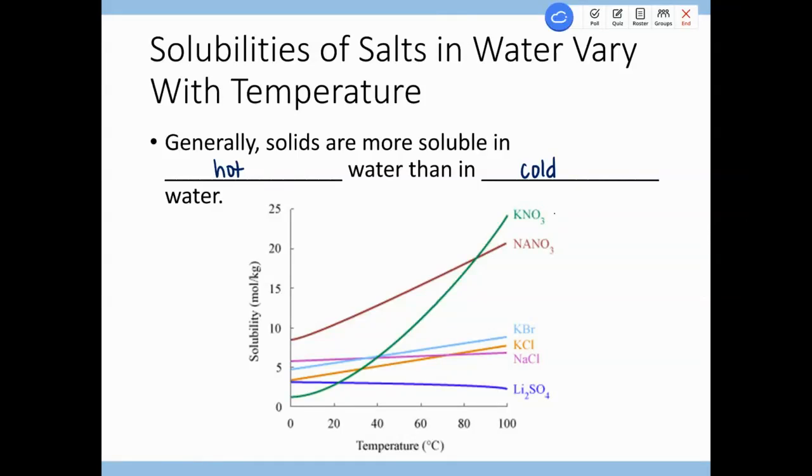We look at potassium nitrate, that's the most exaggerated difference here. At room temperature, less than 5 grams or moles can dissolve in a kilogram of water. But if we increase temperature to 80 degrees, this is still below the boiling point of water, we're at like 3 times, 4 times the amount that can dissolve in the same amount of water, just at a higher temperature.